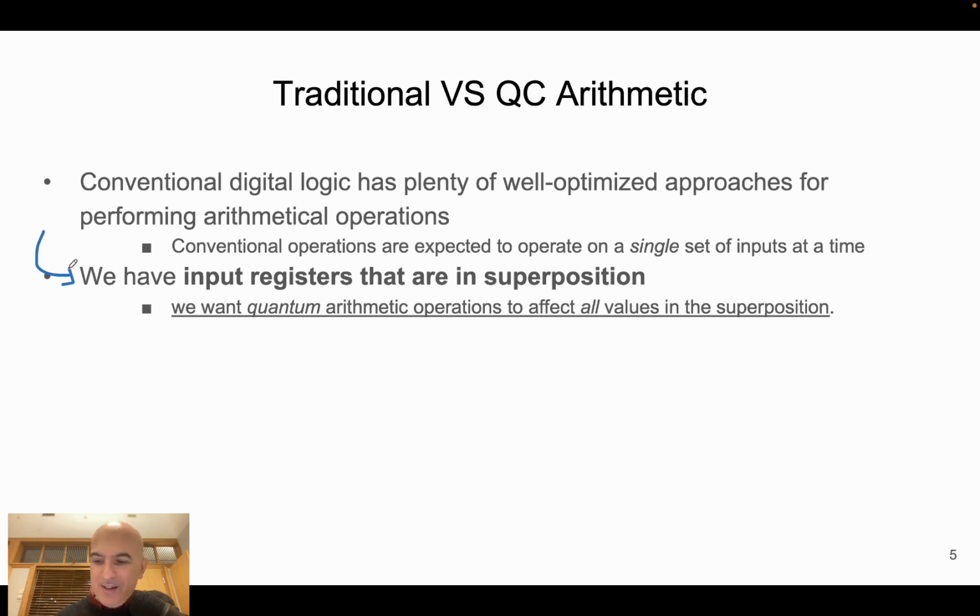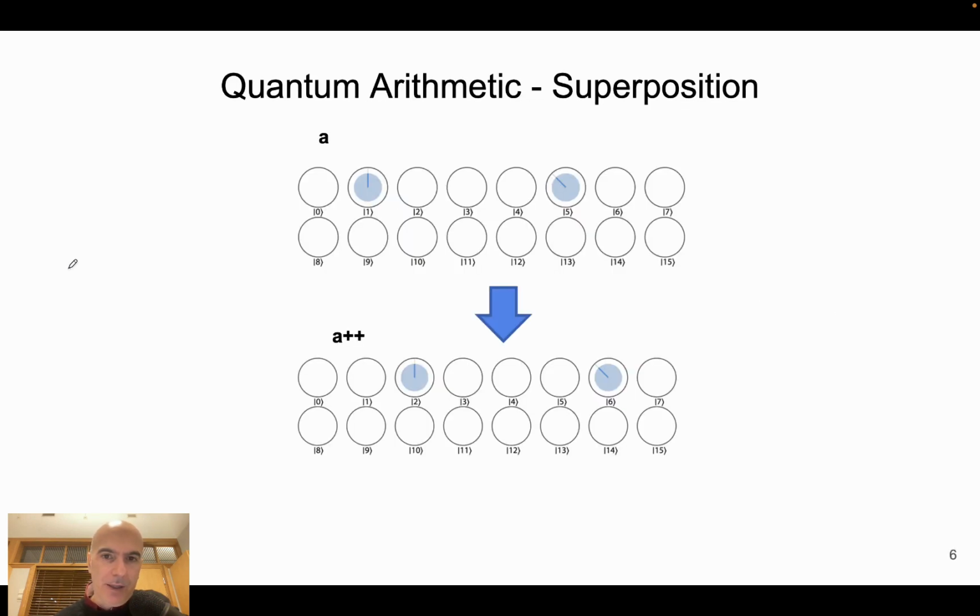Let's see an example of how to do this parallel computing in superposition using a quantum update. This is an operation that we're going to look at in the next lecture, the increment operation. Do not worry yet about the quantum circuit to implement it. I just want you to get the nature of the increment operation and a first intuition of why we say that calculations in superposition are also somehow calculations in parallel.